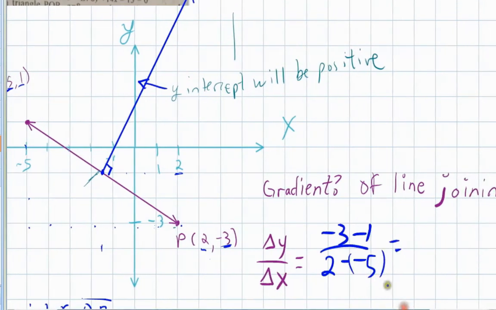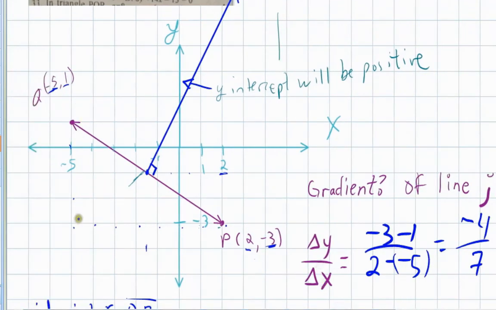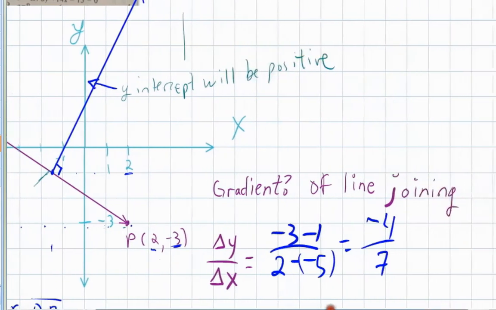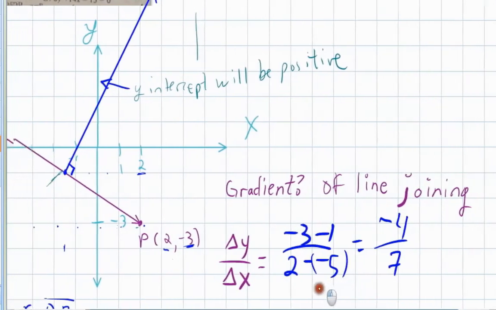Right, and so we're going to get -4 over, and this becomes 2 plus 5, so it's -4 over 7. So we see that we move down 4 spaces and to the right 7 spaces. So this makes sense. Now, this is the gradient of this line.